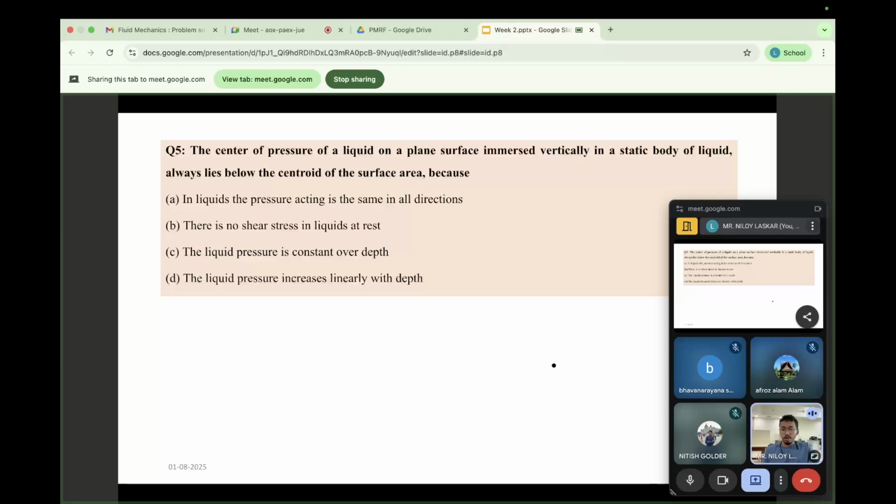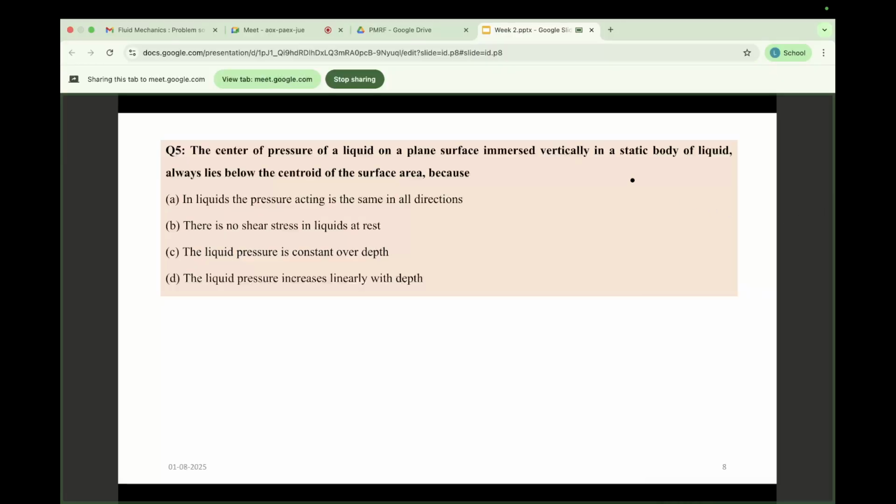Okay. Yes, option D is the correct option. So what is the reason behind this? First thing is the center of pressure. As in the question, it is given that the center of pressure always lies below the centroid of the surface area. Why is this? Say this is a liquid level.